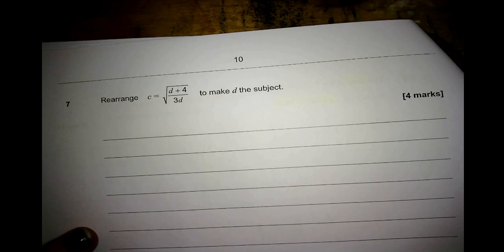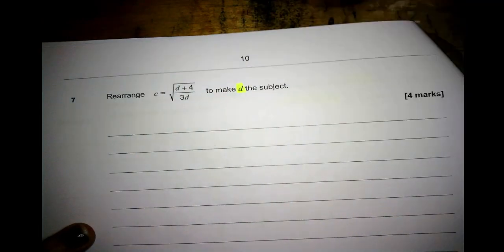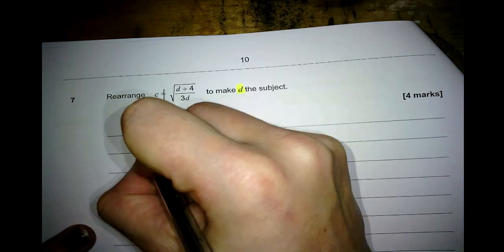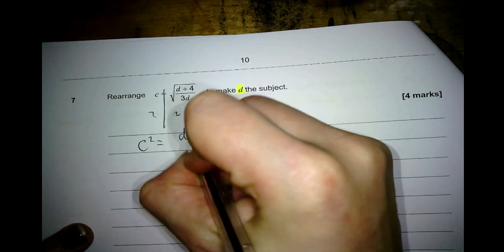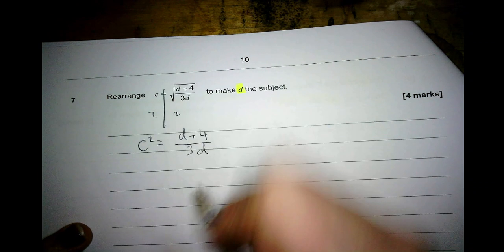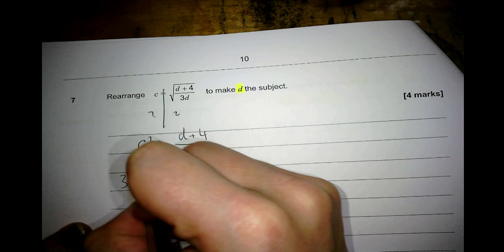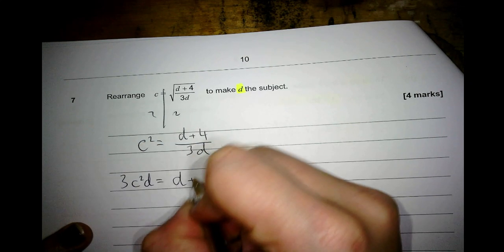Question 7. Rearrange this to make D the subject. First thing I'm going to do is square on both sides, so c squared is d plus 4 over 3d, then multiply through by 3d, so 3c squared d is d plus 4.